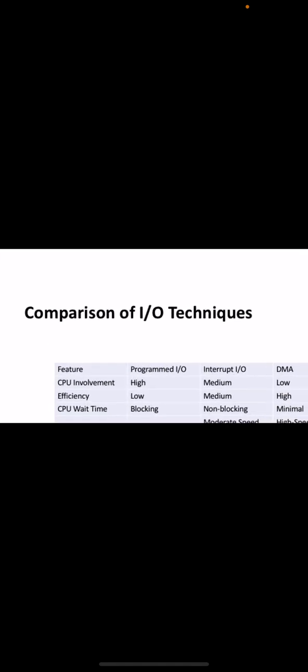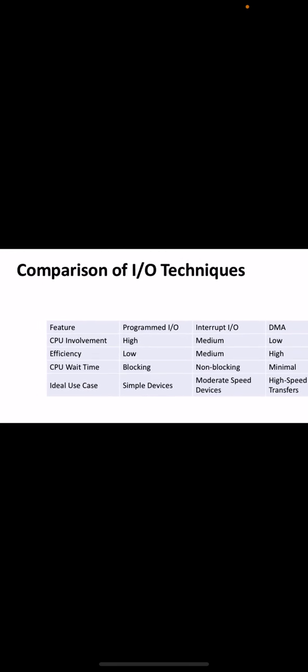So here we have the comparison between the three techniques we just explained on the last slide. For the programmed, you can see some of the features. The CPU involvement is very high for the programmed, but for the DMA is very low, and for the interrupts it's medium. And the efficiency is the opposite of what we read for the CPU involvement.